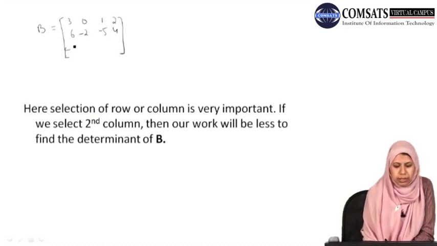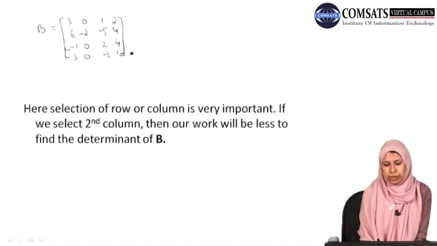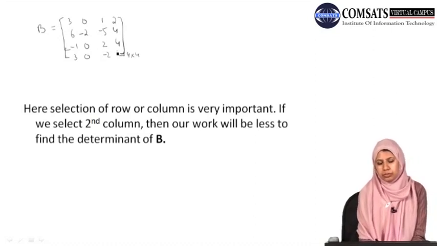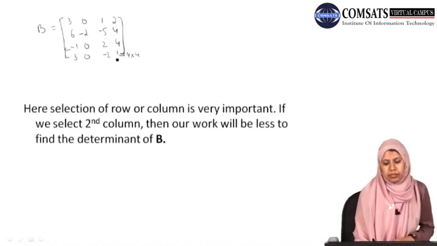Okay, the third row is -1, 0, 2, 4, and we have a fourth row as well, 3, 0, -2, and 1. So this is a matrix of order 4 by 4, that is 4 rows and 4 columns, a square matrix of order 4. And we are interested in finding the determinant of this matrix B.